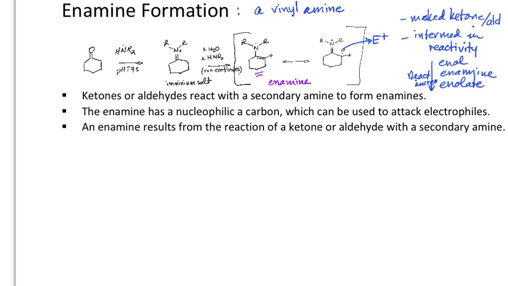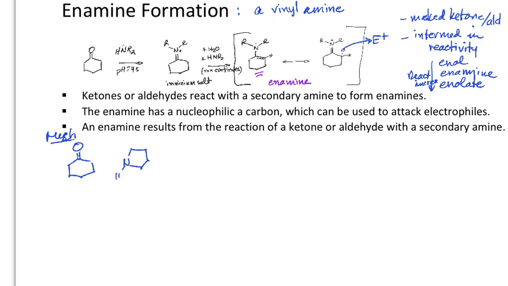Okay, so we can get that enamine by interacting our ketone. We'll just take this ketone and let's do this mechanism of how we get that. First of all, the nitrogen, I'm going to use this 5-membered ring, 1, 2, 3, 4, 5, amine.